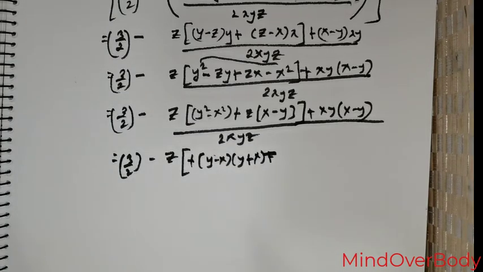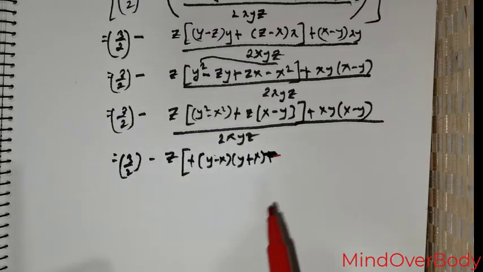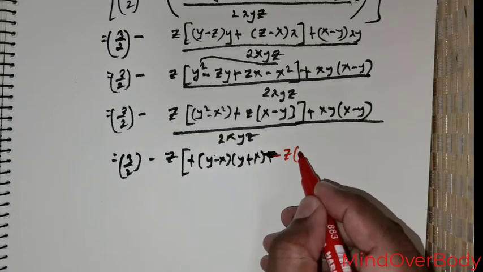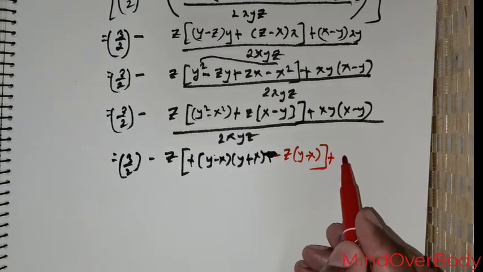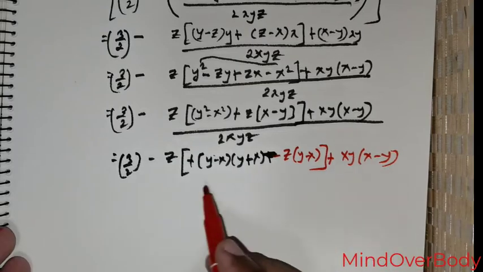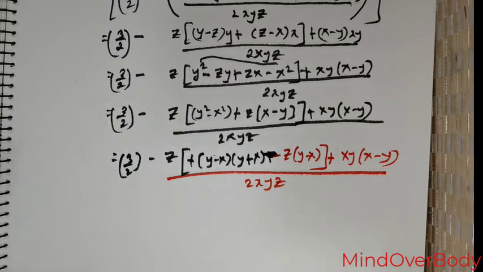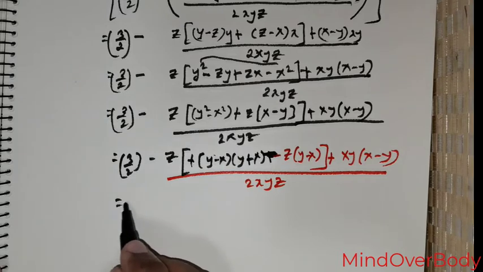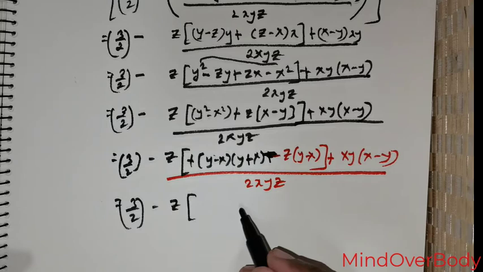So if I were to take the negative sign out, this is going to be negative of z times y negative x. So this is what I've got, positive x times y, x minus y. So this has got no bearing as such now, 2 times xyz. Now I got a y negative x, so this is equal to 3 over 2 negative z times.